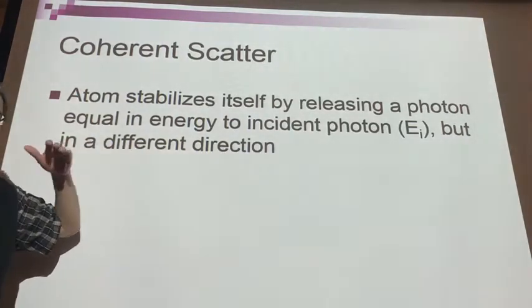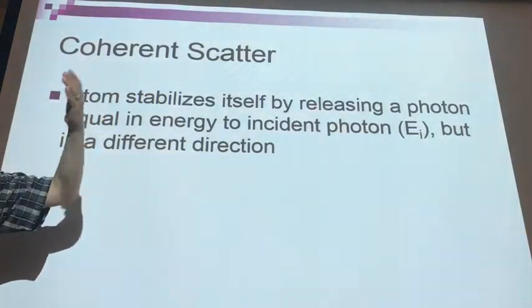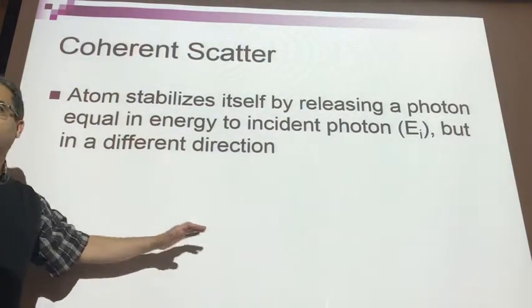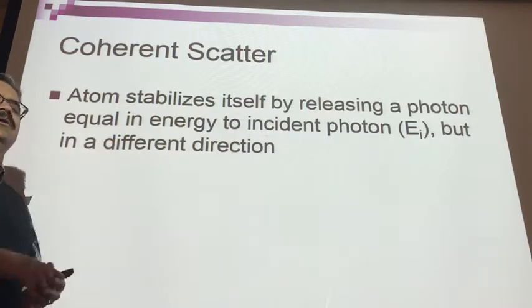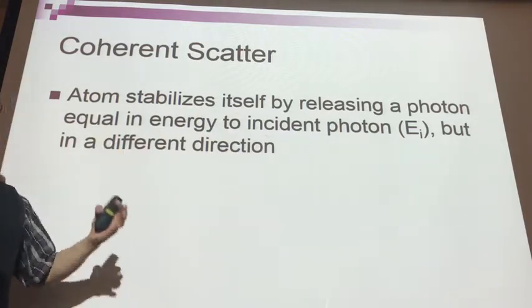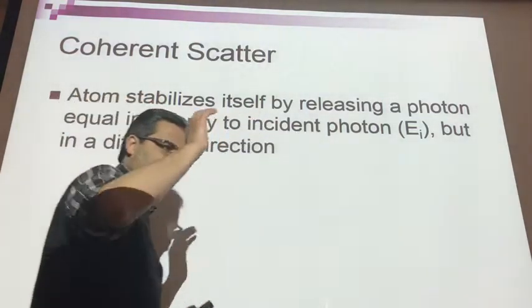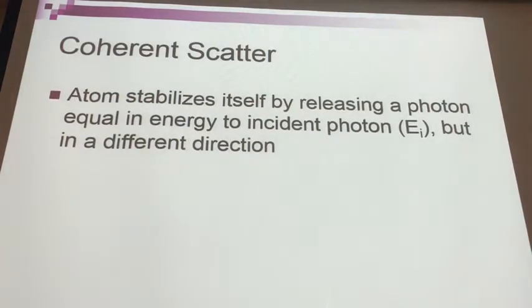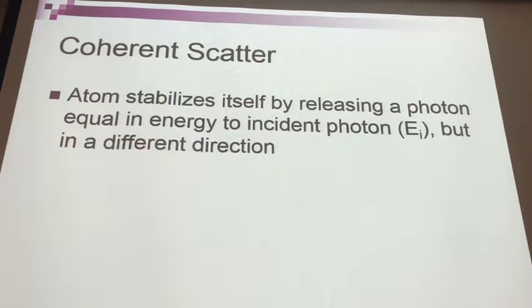It goes into the first electron shells and interacts with an electron. Will it interact with an inner shell? Yes, if it is a small atom and the photon has enough energy, it could interact with that electron.